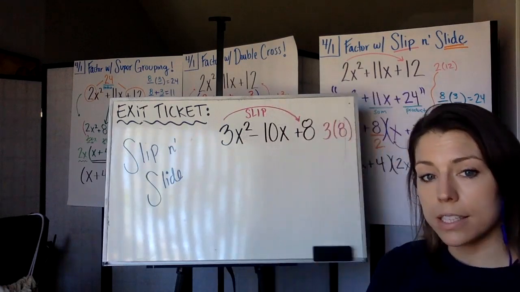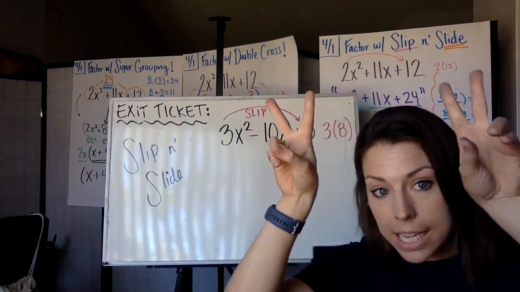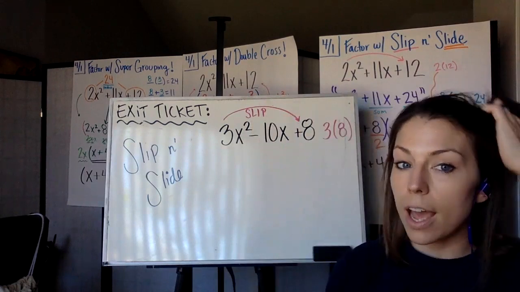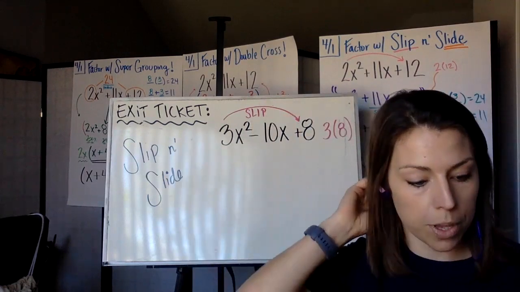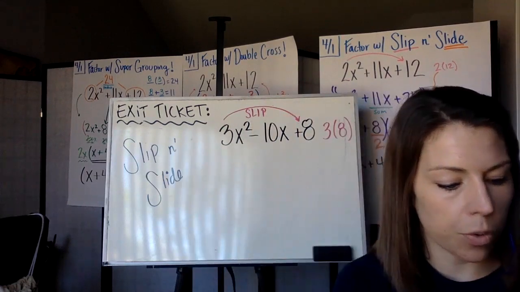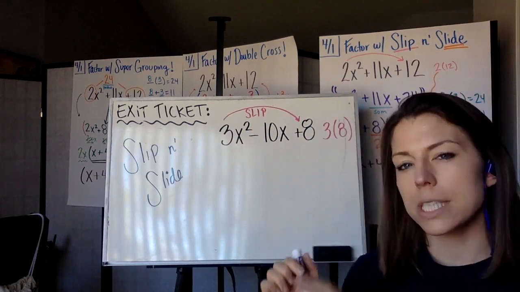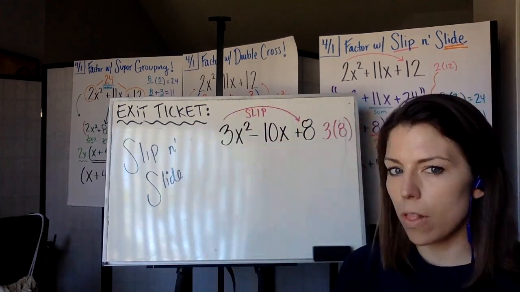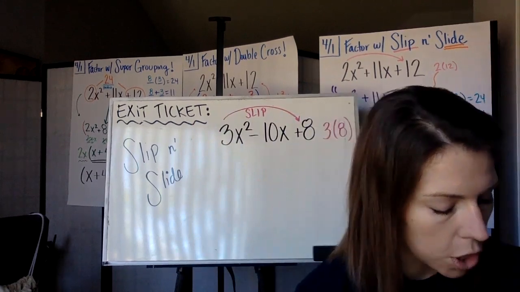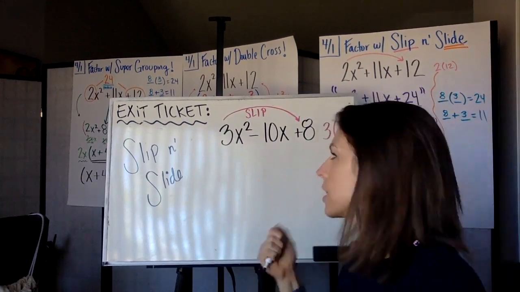Now, from here until the very last step, everything is in quotations because we're not actually changing the trinomial. We're just working with it in a different way. So make sure that you understand that once you slip that down there, you're no longer working with an equivalent trinomial. You're working with something that looks a little bit different.